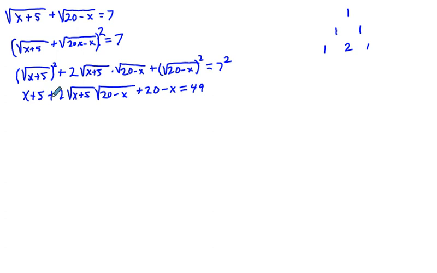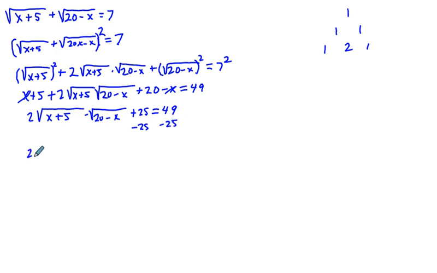So what we're going to do is combine the like terms. We have x minus x, these will cancel, and then we have 5 plus 20. So we're left with 2 times the square root of quantity x plus 5 times quantity 20 minus x, plus 25 is equal to 49. And we subtract 25 from both sides of the equation.